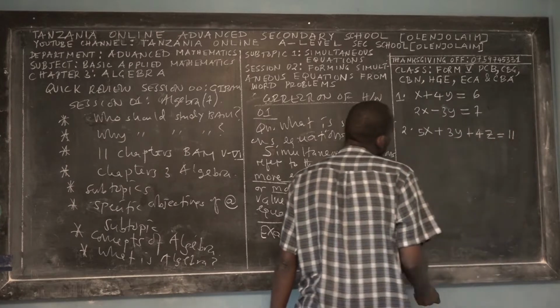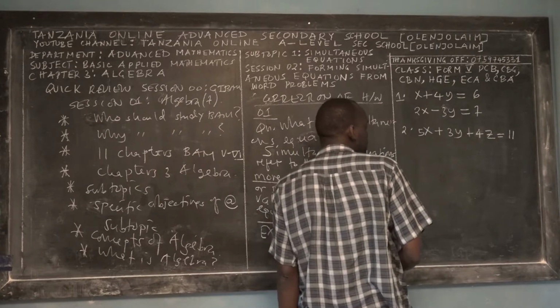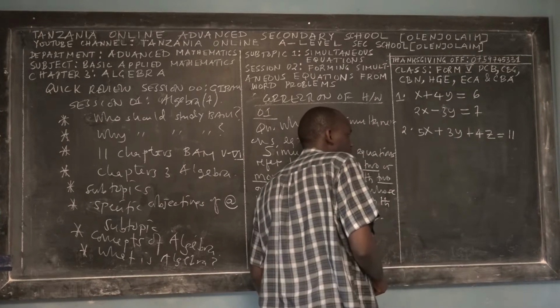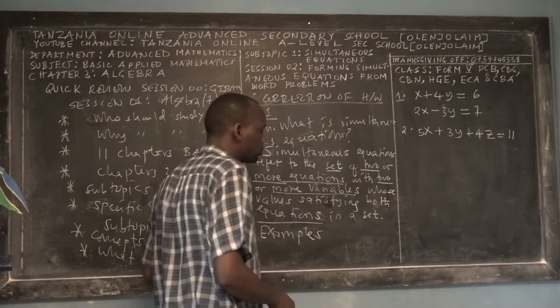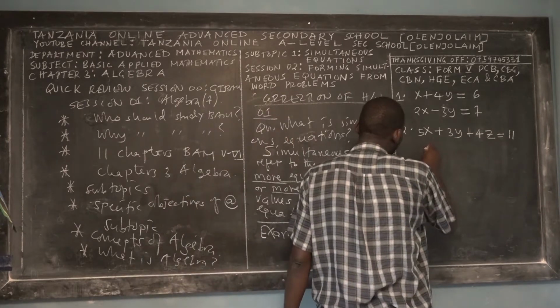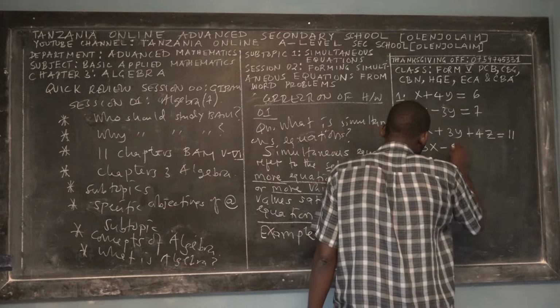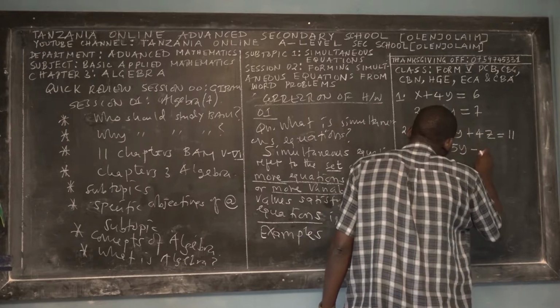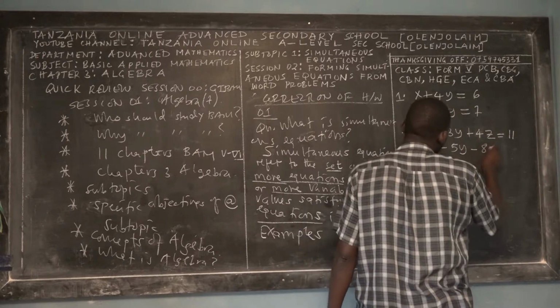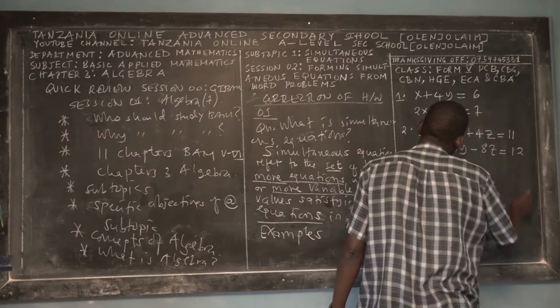So this is a simultaneous equation with more than 2 variables. Then you have 3x minus 5y minus 8z, which is equal to 12.